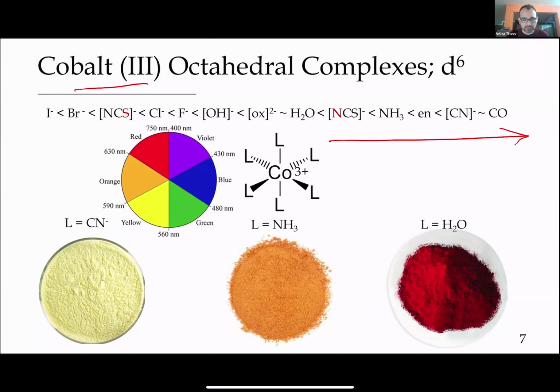And so here's a cartoon representation: if the ligand for a cobalt 3+ complex is entirely consisting of cyano ligands, you see the representative coloration of that compound, whereas if you were to switch from the cyano ligand to now, let's say, the amine ligand, and if you look at the spectrochemical series, where are we going? So we started off here, the cyano ligand, and then we moved over to the amine ligand.